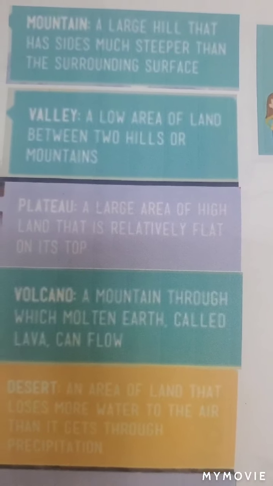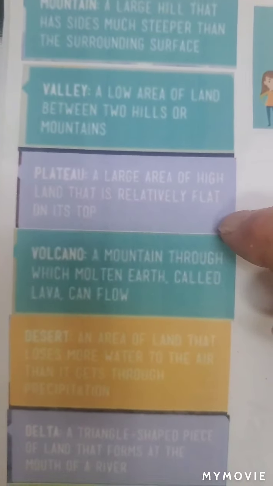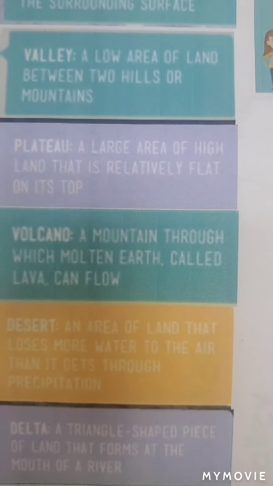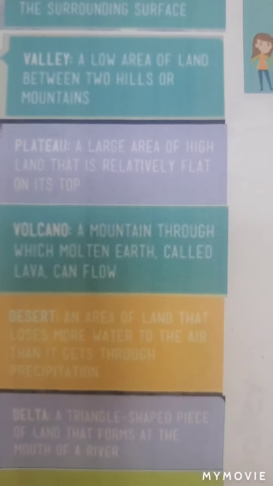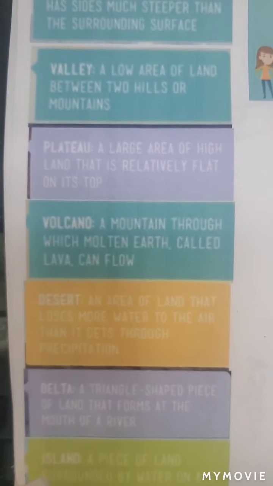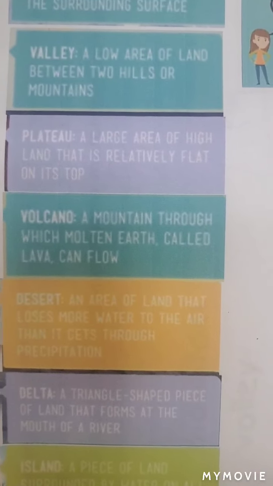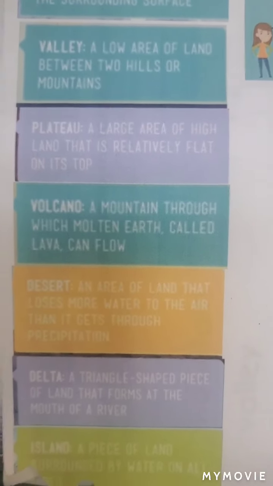That's a valley. And this next one is plateau. And that's a large area of high land that is relatively flat on its top. And a volcano, a mountain through which molten earth called lava can flow.